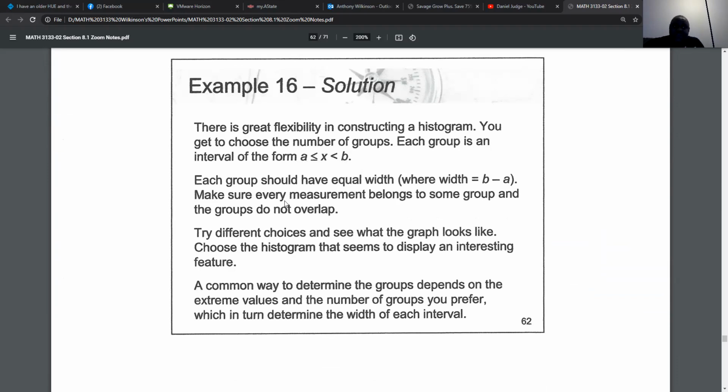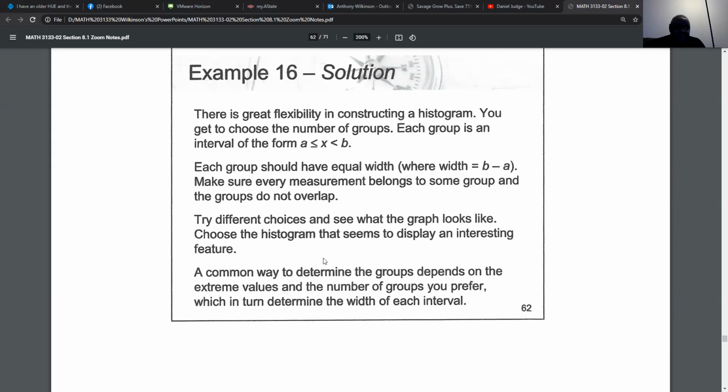So you want to make sure every measurement belongs to some group and those groups do not overlap. Here you have to be creative by trying different choices to see what the graph looks like and choose a histogram that seems to display an interesting feature.